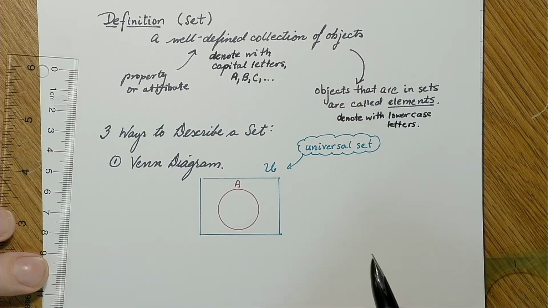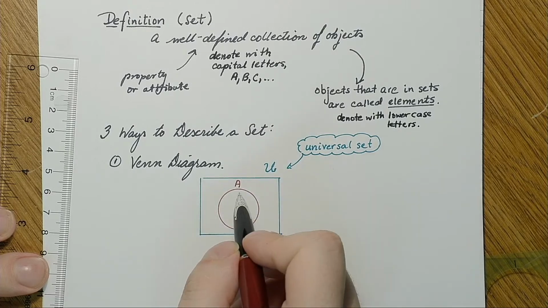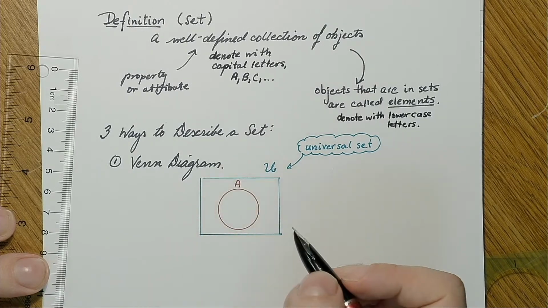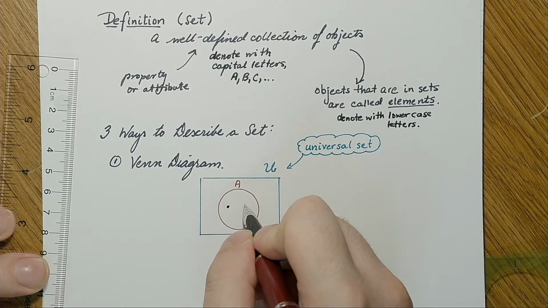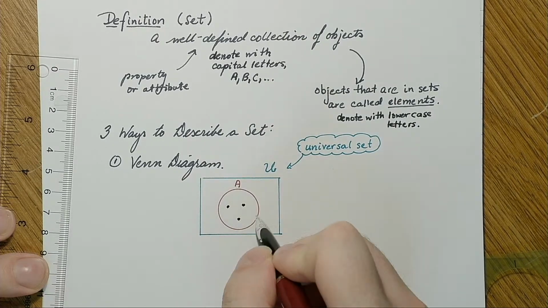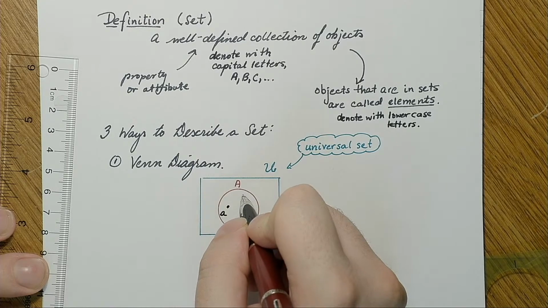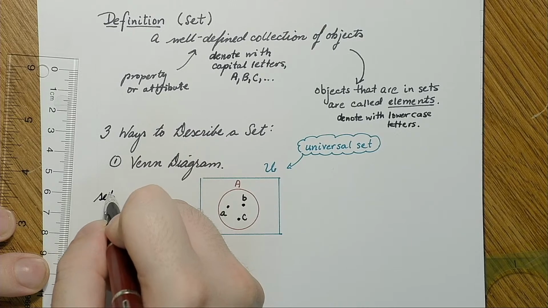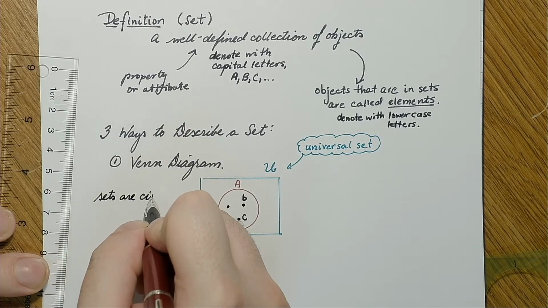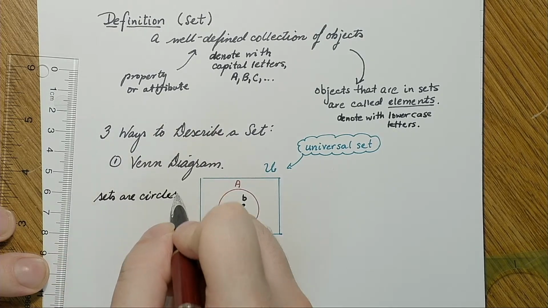Okay, so I have drawn the set A here, and what am I going to put into it? Let's say 3 elements here. So sets are circles in a Venn diagram.